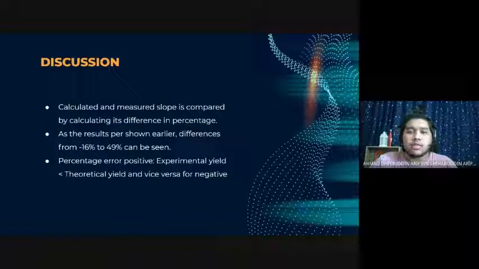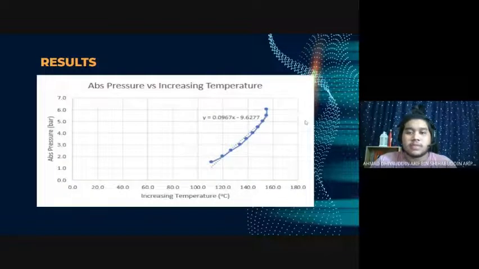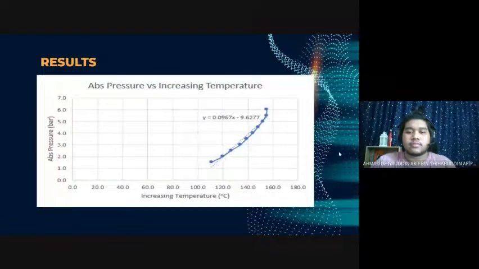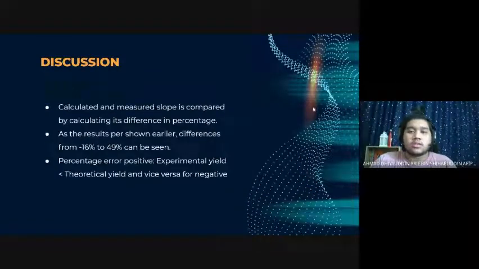Calculated and measured slope are compared by calculating their difference in percentage, which is also in the table earlier. Here, in percent. As the results were shown earlier, differences from negative 16% to 49% can be seen.